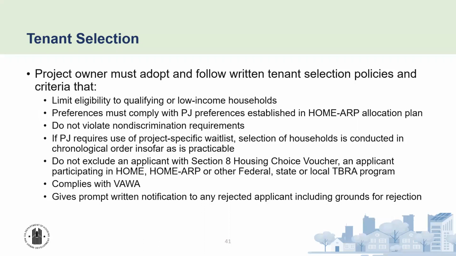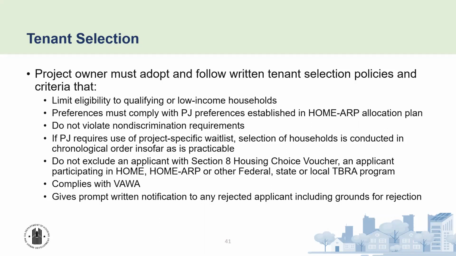HOME-ARP rental project owners must establish and follow written tenant selection policies and procedures that ensure that HOME-ARP units are occupied by eligible qualifying and low-income households. Any preferences are applied in compliance with the preferences that the PJ established in their allocation plan and don't violate non-discrimination requirements.